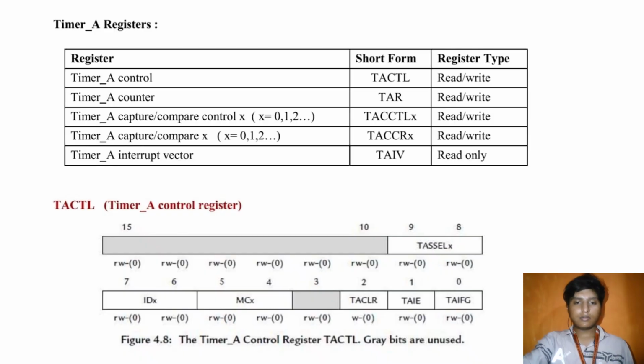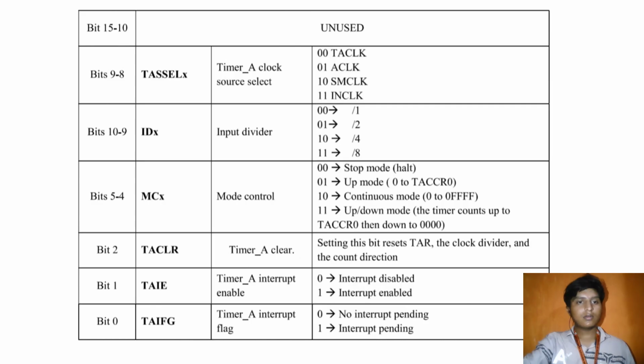Yes, we can see timer A clear, timer A interrupt enable, and timer A interrupt flag. We can see what is meant by interrupt disabling and enabling. 0 is interrupt disabling, and 1 is interrupt enabling.